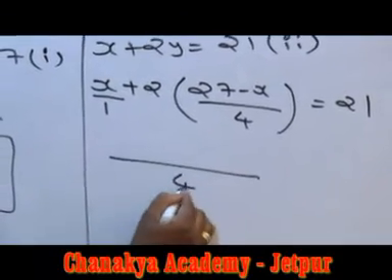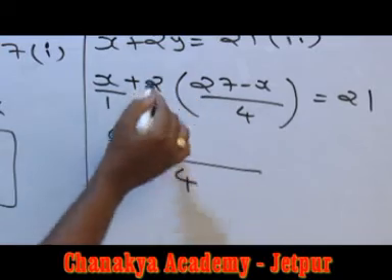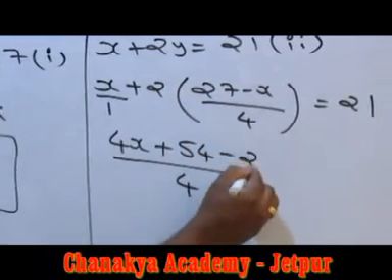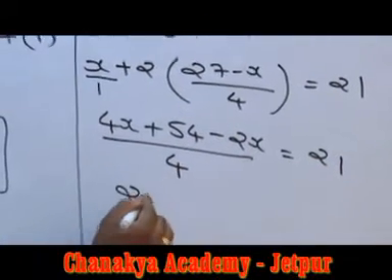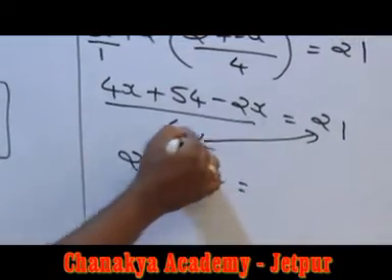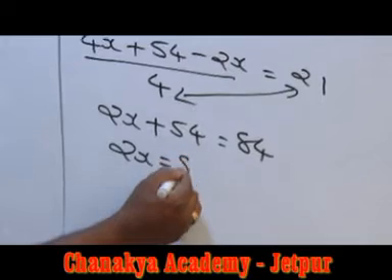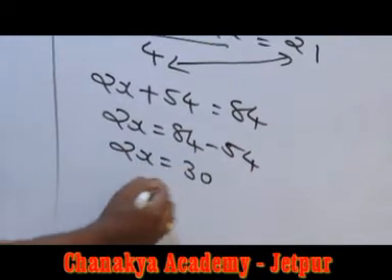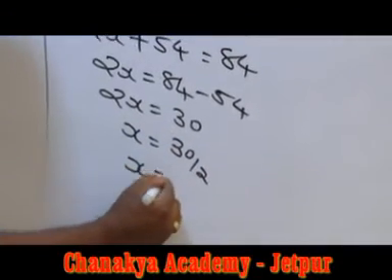Taking LCM we get 4. 4 into x cross multiplying 4x. 27 into 2 will give us 54. 2 into minus x will give us minus 2x equal to 21. 4x minus 2x will give us 2x plus 54. Cross multiplying 21 into 4, we get 84. 2x equal to 84 minus 54. 2x equal to 30. Value of x equal to 30 by 2, which will be x equal to 15.